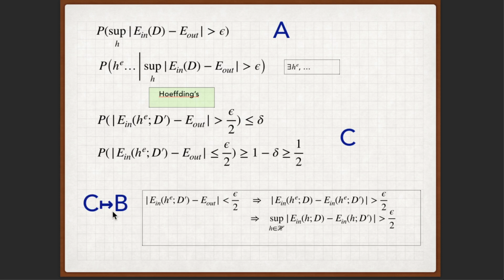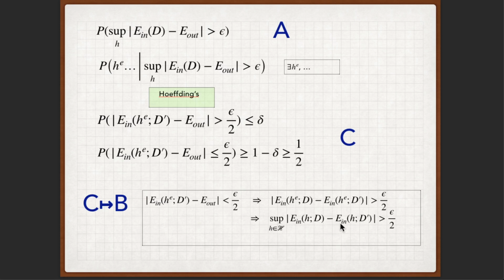So D derives B, and now we are considering the event: the in-sample error of HE and the in-sample error of HE evaluated on D prime differ by more than half of epsilon, and because HE is a member of the hypothesis family, this also implies that the most sensitive hypothesis, by sensitive we mean the difference between that evaluated on D and that evaluated on D prime is large.